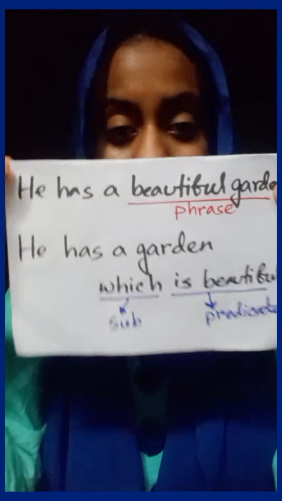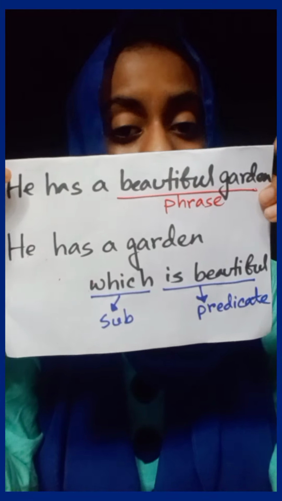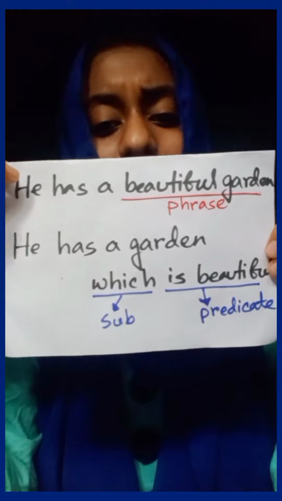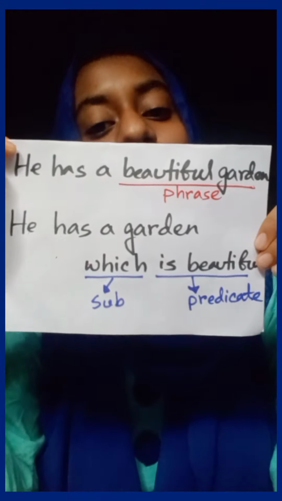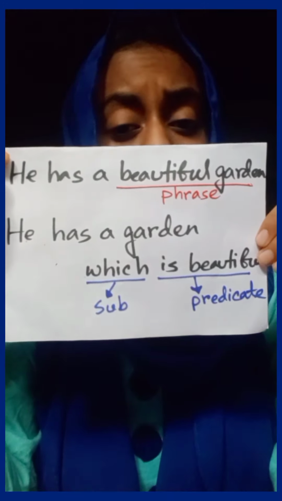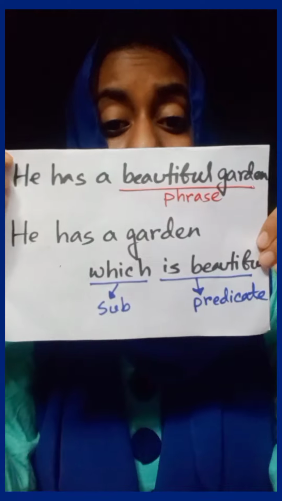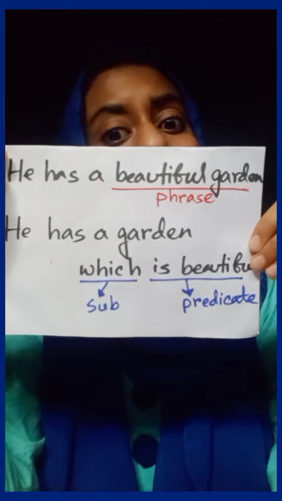So in the first sentence, we see a beautiful garden, which is a phrase, but in the second sentence, we see which is beautiful, where which is the subject and is beautiful is the predicate. So we can see that in which is beautiful, there's a subject and also a predicate. So it's making complete sense, right?